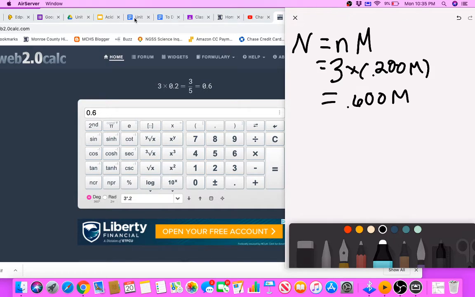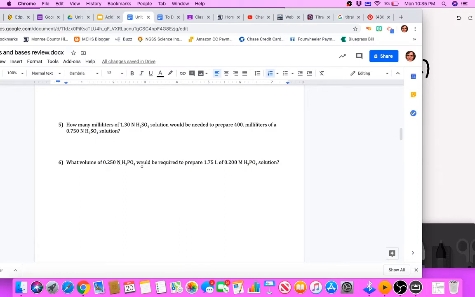And let me see here, because I don't know that this problem will work out, because we can't take a more concentrated solution and dilute it to make a more concentrated solution. So what we're going to do is say that this solution is 0.75 instead of 0.2.